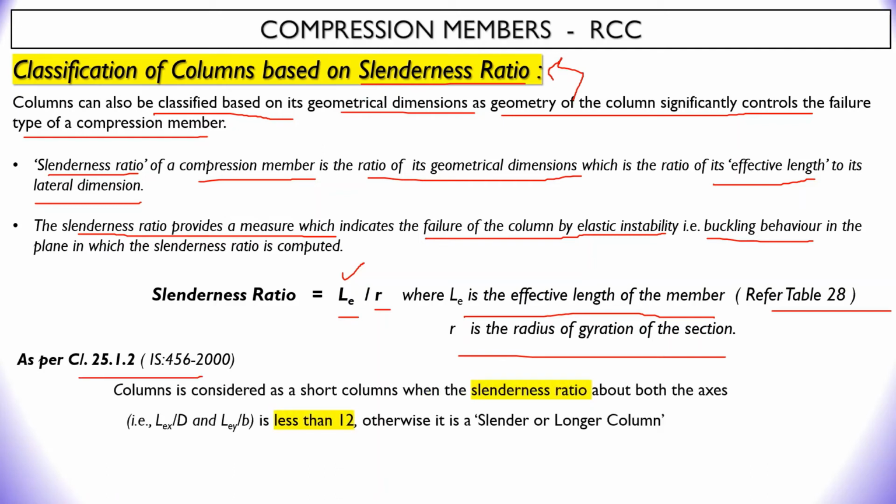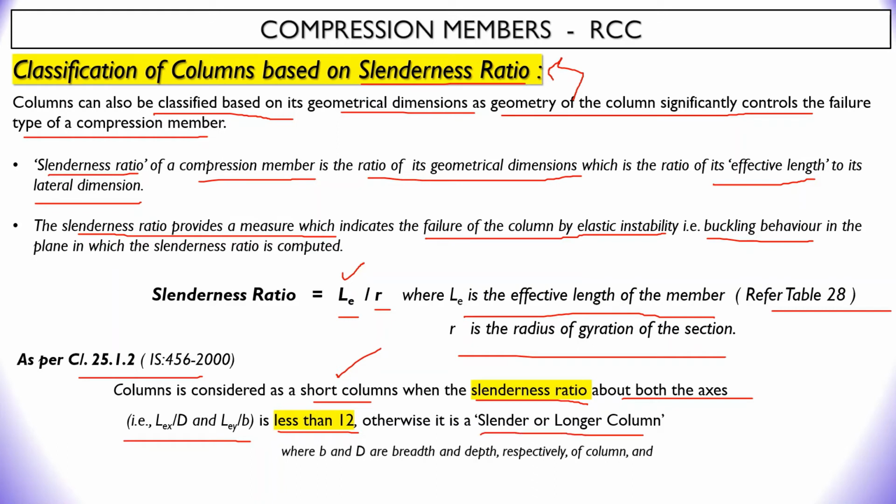a column is considered a short column when the slenderness ratios about both the axes, which you can write as Lex by D and Ley by B, are lesser than 12. Those types of columns will be termed short columns. Otherwise, we say it is a longer column or slender column.